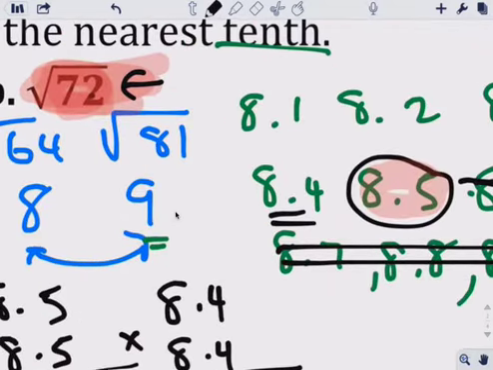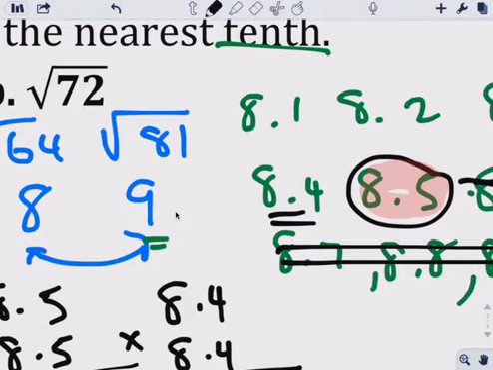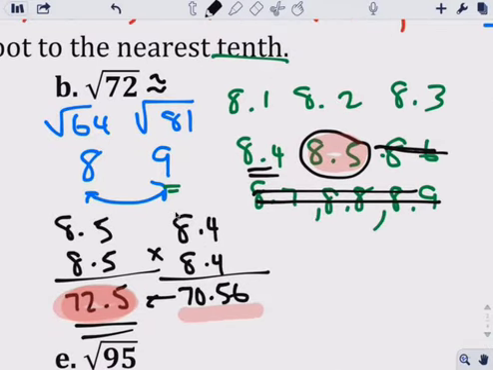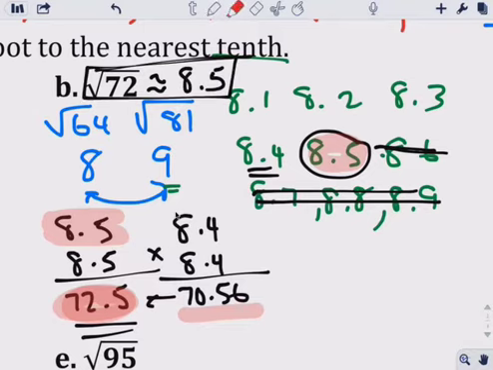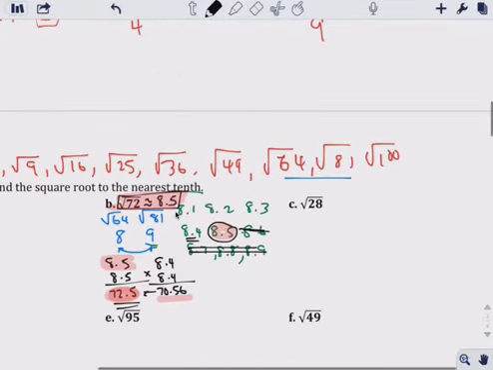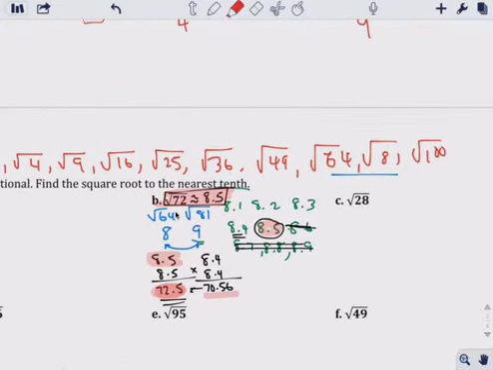So your answer then is square root of 72 is about, because this is not exact, 72.25 is not exact, about this answer here, 8.5. That's our answer. For the square root of 72 is 8.5. It's about 8.5.